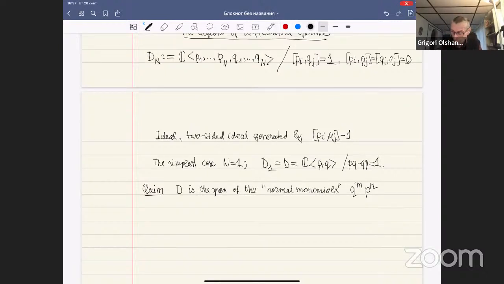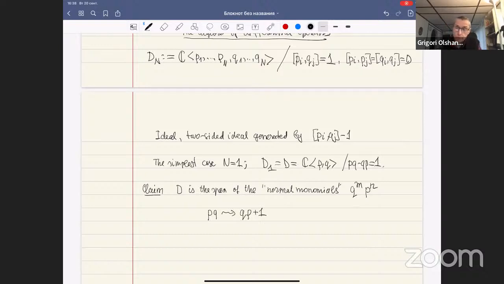In general, any element of our algebra is a linear span of monomials in Q and P, and each time we have the two letters P and Q written in non-normal order, meaning that we have some PQ, we replace it by QP plus 1.